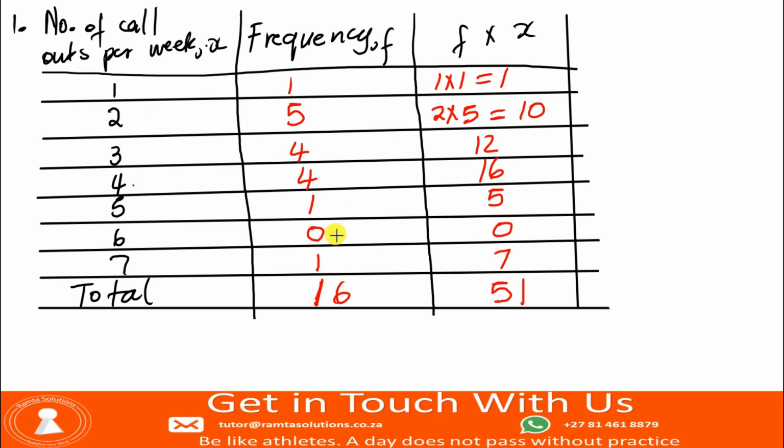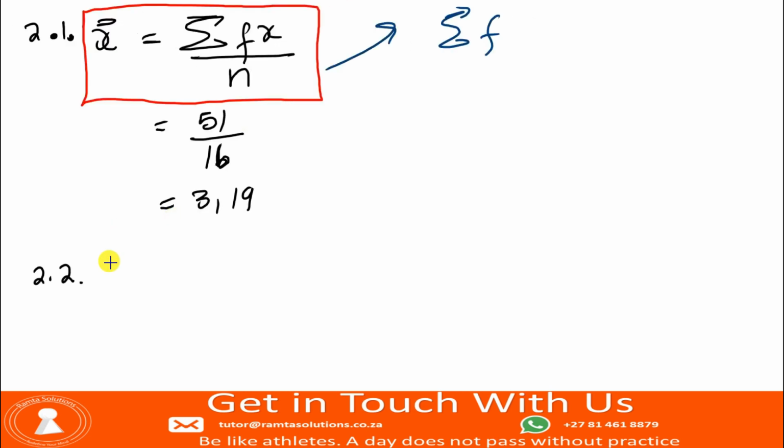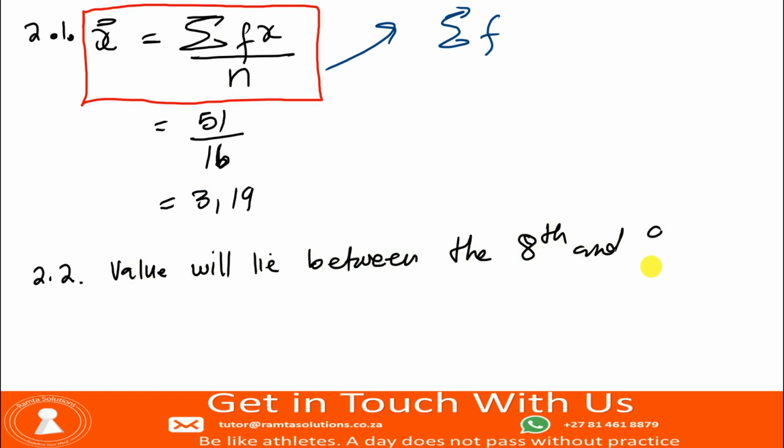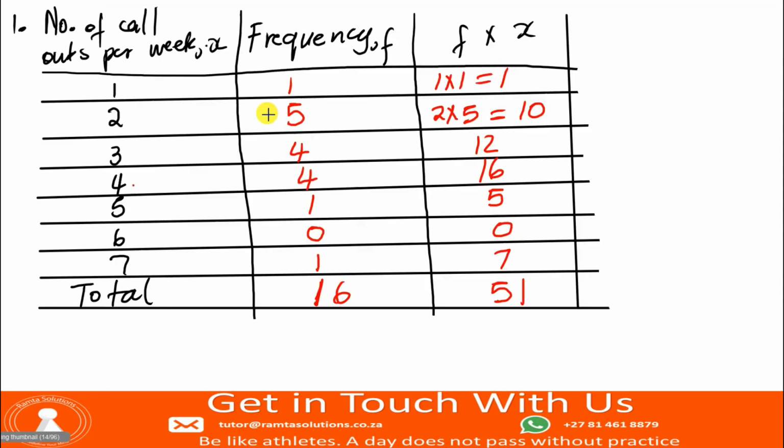In this data we have 16 data entries, so the median will lie between the 8th and the 9th value.